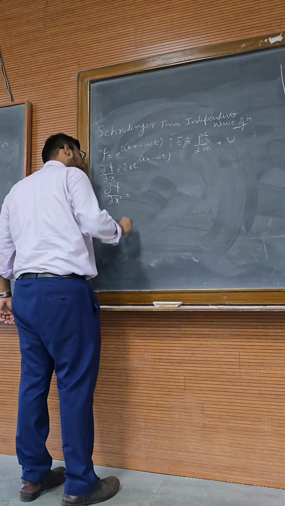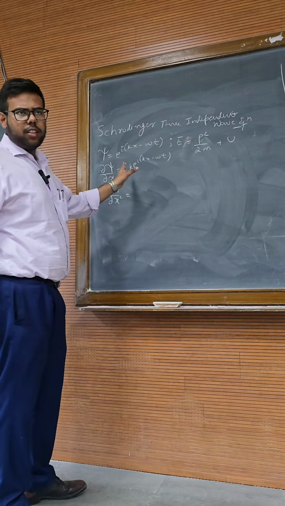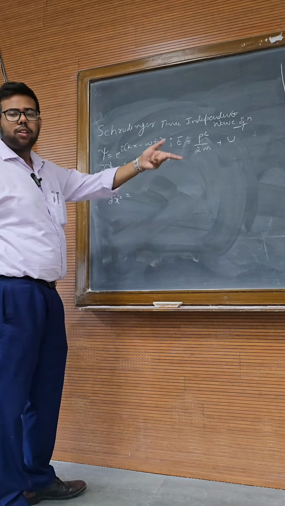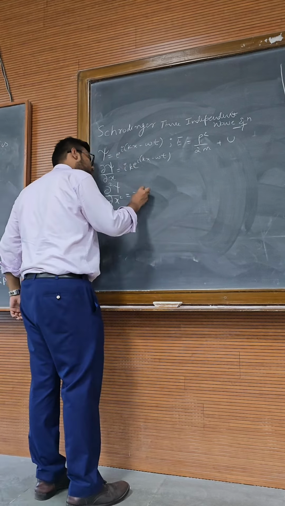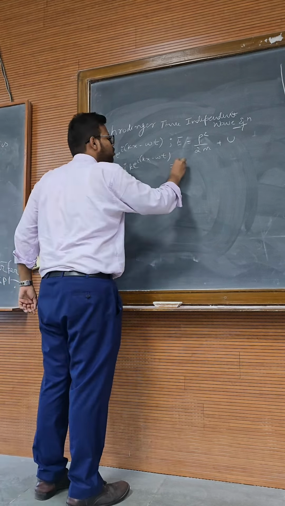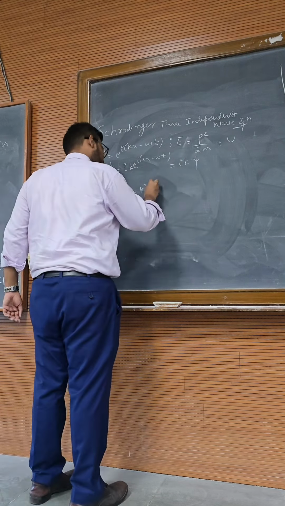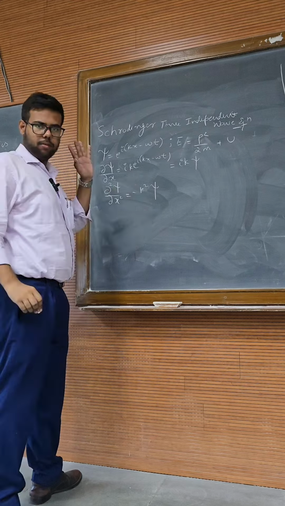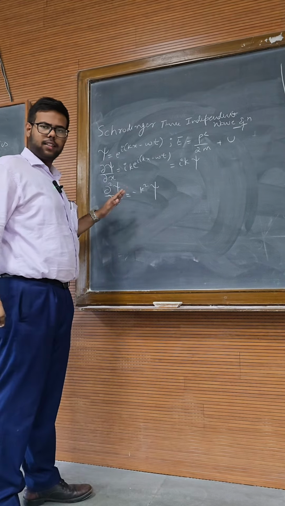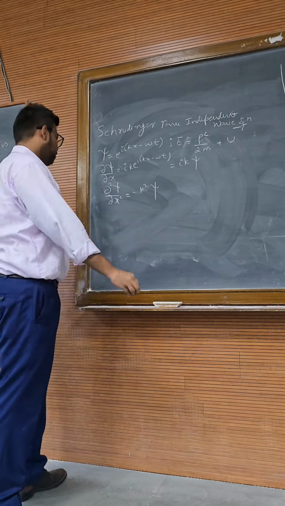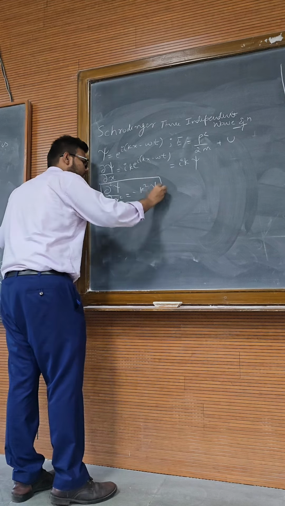Differentiate again, you will get again an ik term, so you get ik whole square, which will become negative of k square, and notice that this is equal to ik of psi. So you get this quantity over here also. Is it okay? So you got this expression.